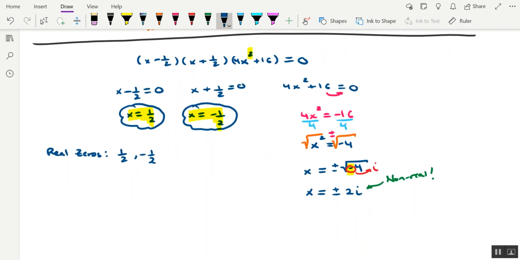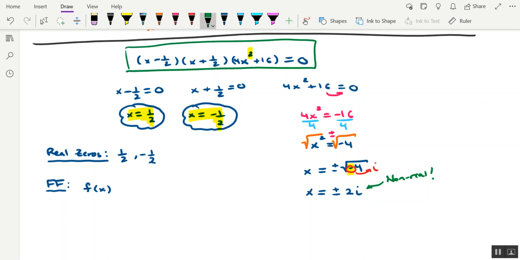Now, if the instructions ask you for a factored form, we kind of have it with this equation that we constructed using the two zeros. But I'm going to do one more thing to it. Actually, a couple. First of all, we have a GCF in that third and final factor of 4.